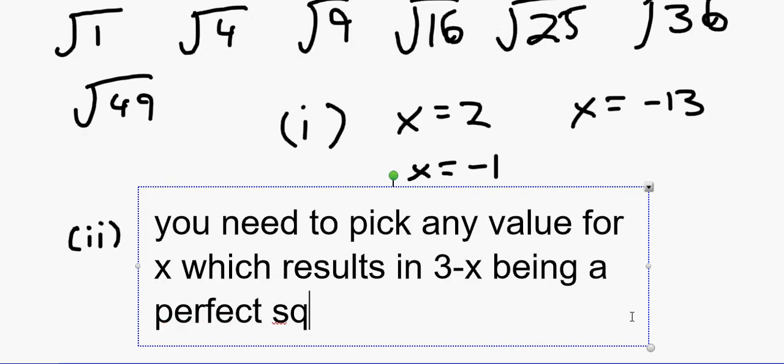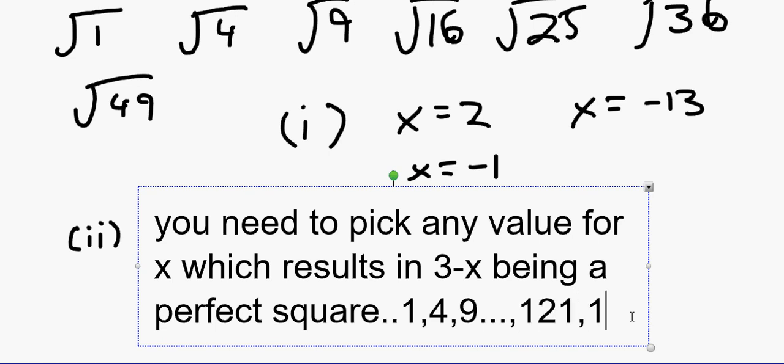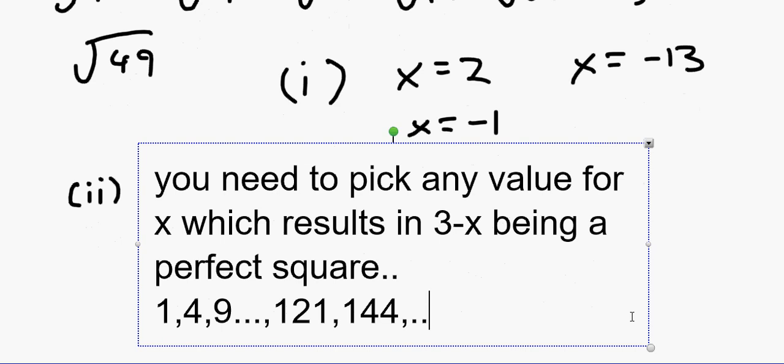What do we mean by perfect square? 1, 4, 9, whatever, like 121, 144. Do you get what I'm saying? Any x value that results in a perfect square, then you square root it and you get a regular number. And we're done.